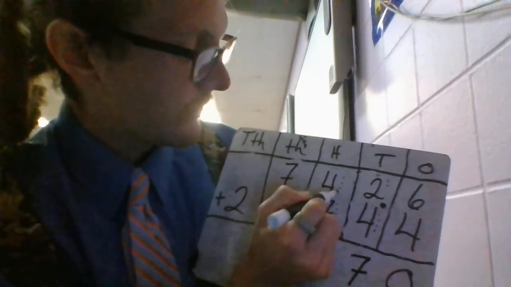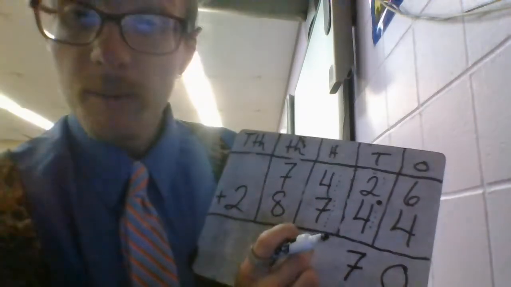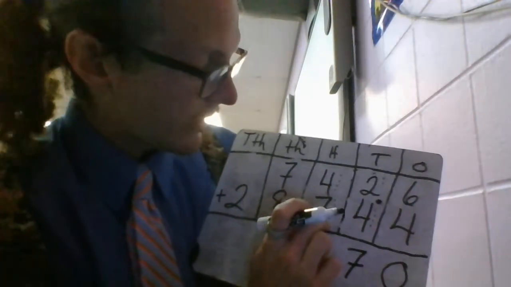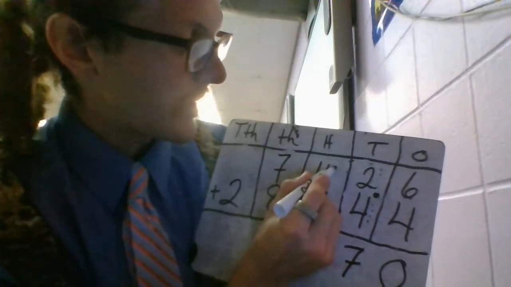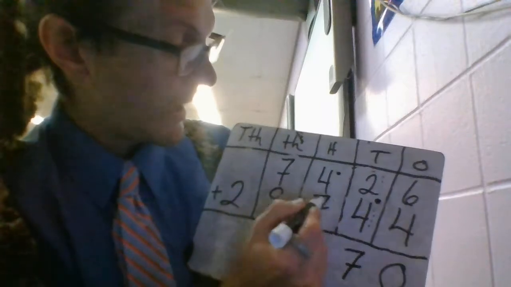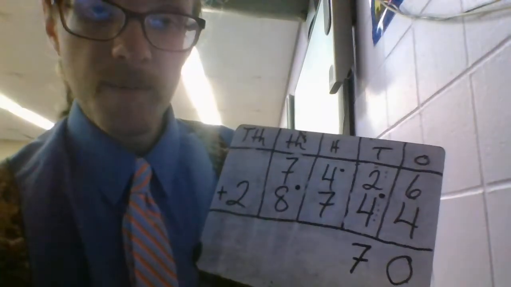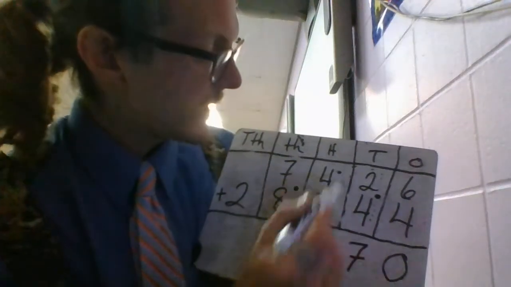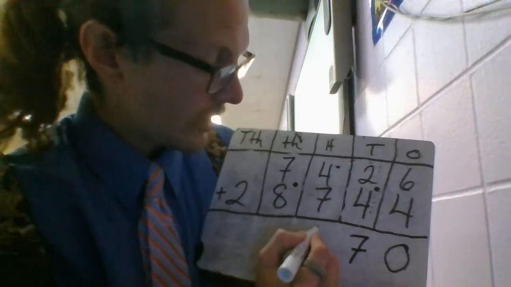But we could bundle 10 of them. So we just have that 1 dot left, and when we bundled, we moved it over, put it right there. So how many dots do we have left in the hundreds place? Just 1.